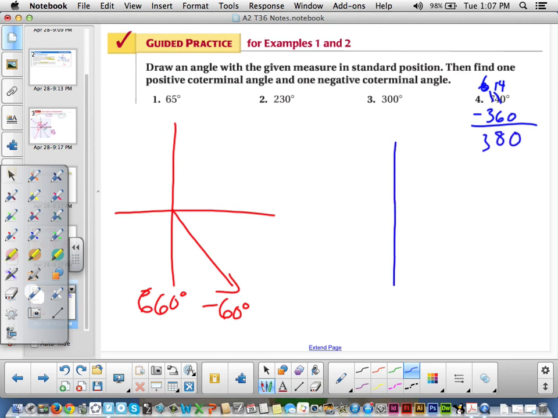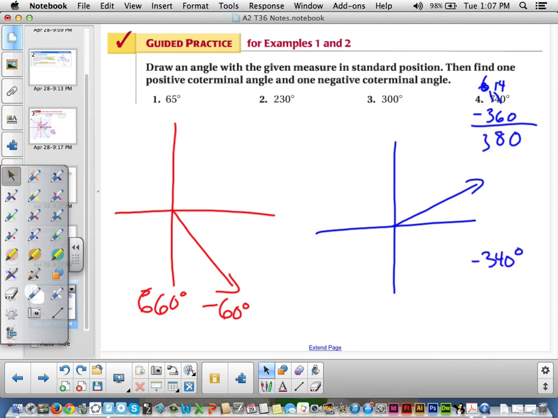We get 20. So that's actually right there after two rotations. And to get a negative, subtract 360 from 20, we get negative 340 degrees. Those are the coterminal angles for 740: 380, 20, and negative 340. And it's drawn in the first quadrant.